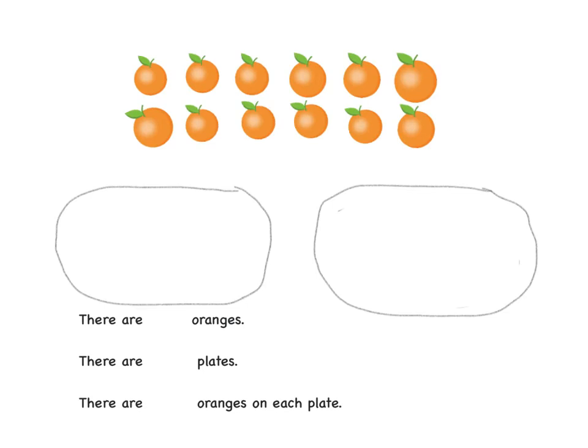Let's see if we can share these oranges between these 2 plates. First of all, let's check to see how many oranges we have altogether. 1, 2, 3, 4, 5, 6, 7, 8, 9, 10, 11, 12. So we're going to try now to see if we can share these 12 oranges equally between these 2 plates.